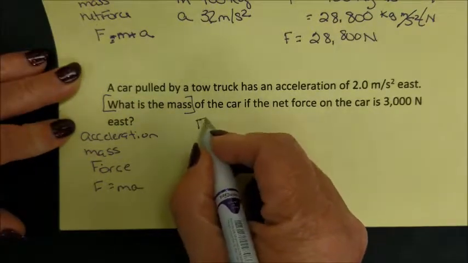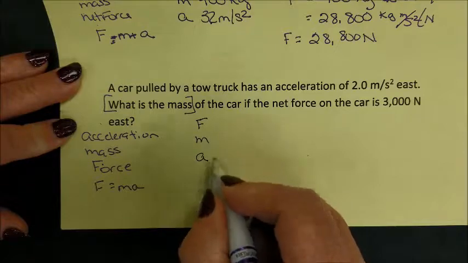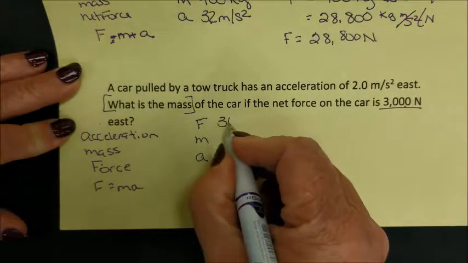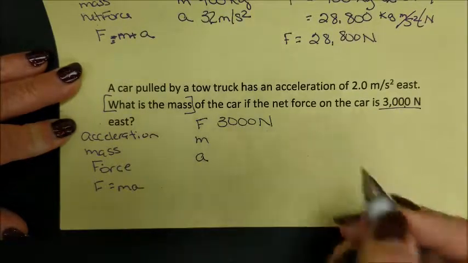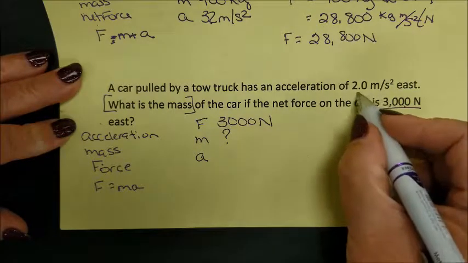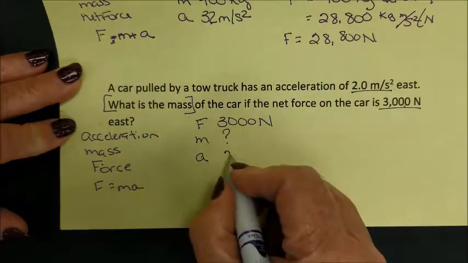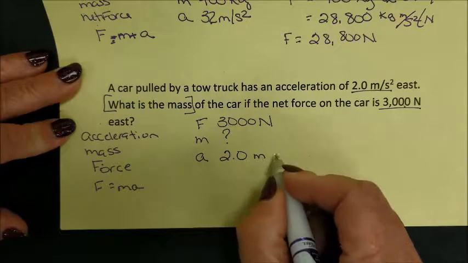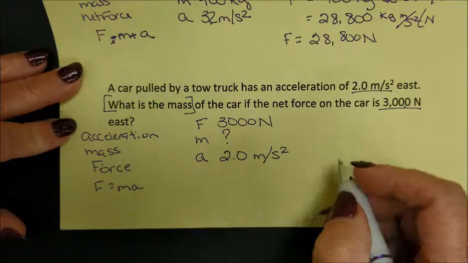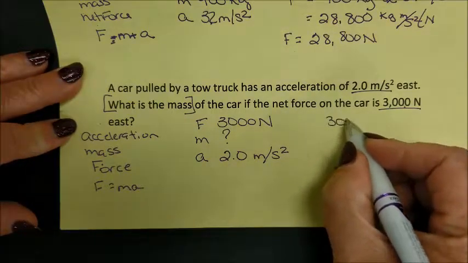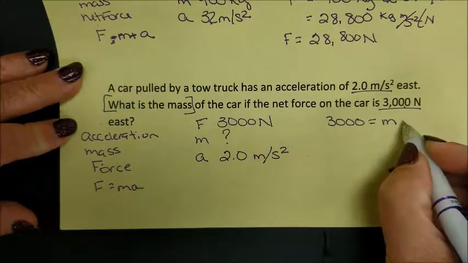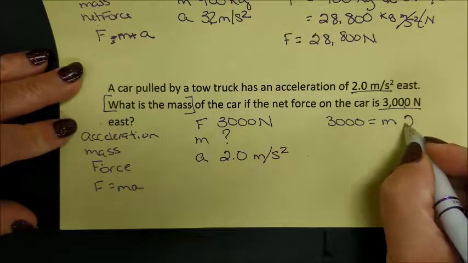So when we list our variables, force, mass, and acceleration, we know our force is 3,000 newtons. Our mass is unknown. And our acceleration is 2 meters per second squared. We plug this into our equation, so we have 3,000 equals mass times 2.